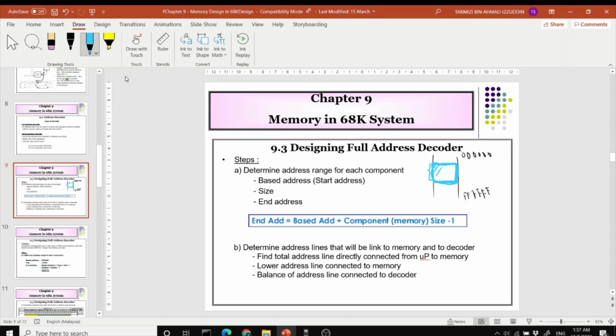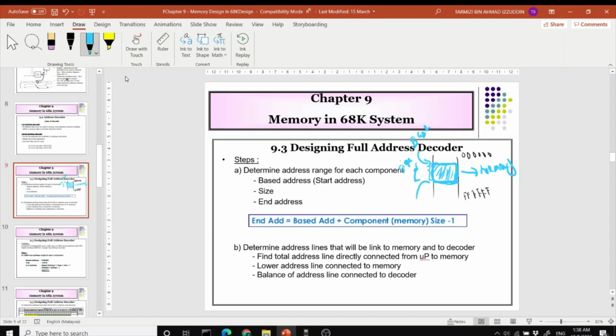Okay, so this is the address region that you're going to interface with your memory, be it your EEPROM or your RAM. Here you have your base address. This is the base address, and then this is the size.